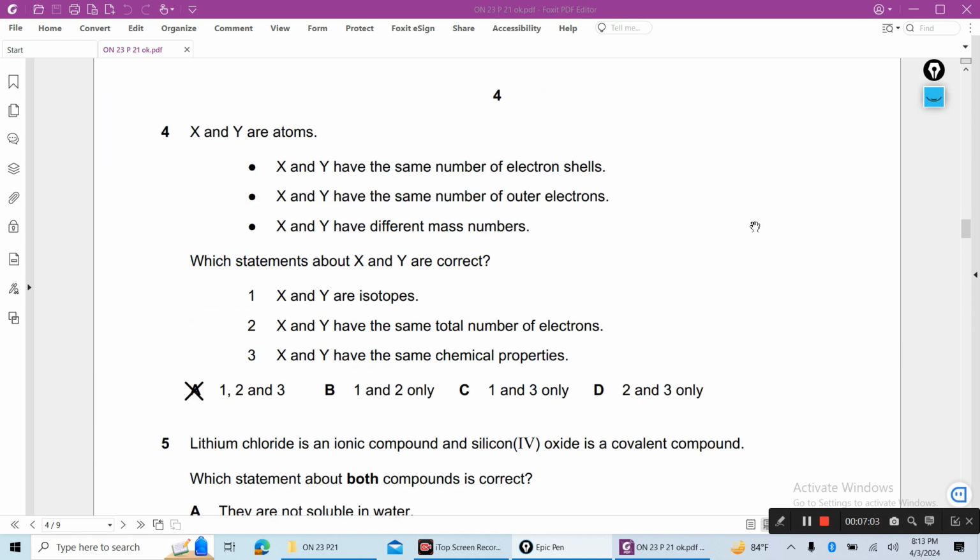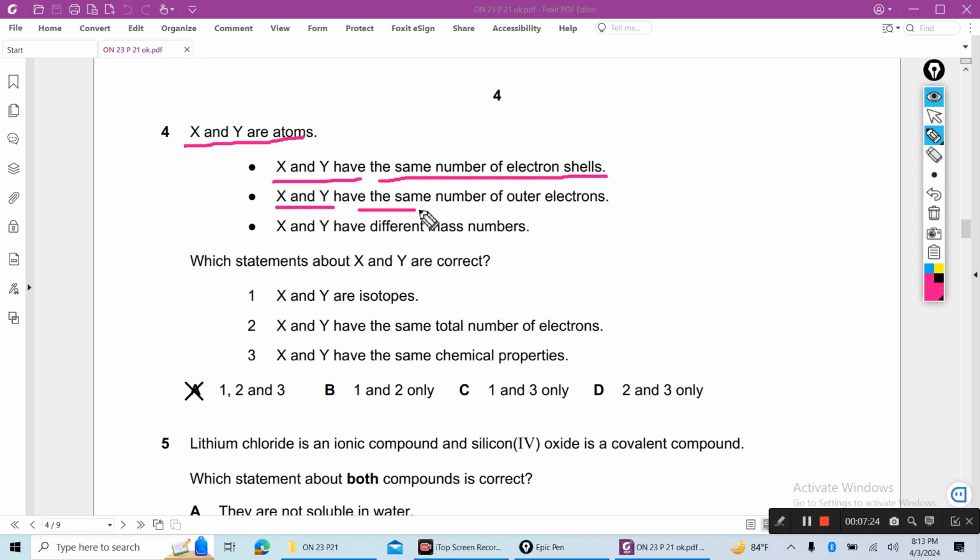Now number 4. Number 4 is asking you, X and Y are atoms. X and Y have the same number of electron shells.